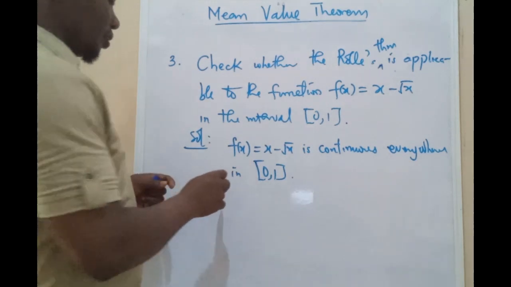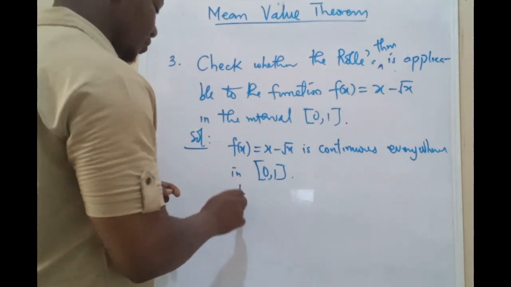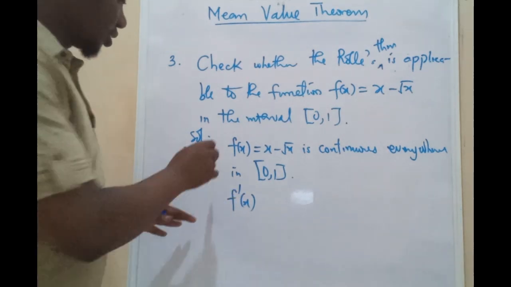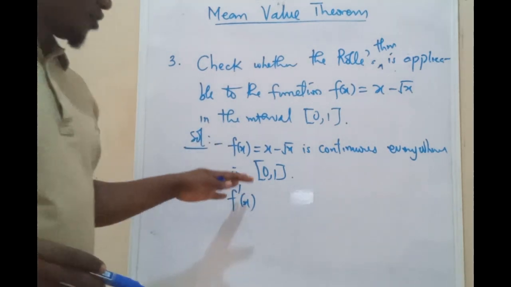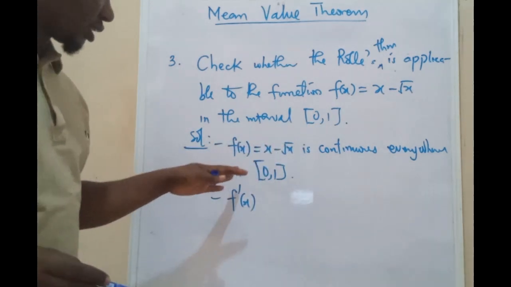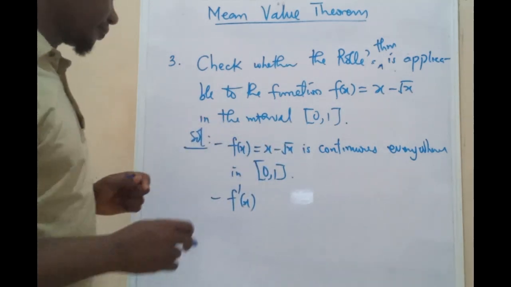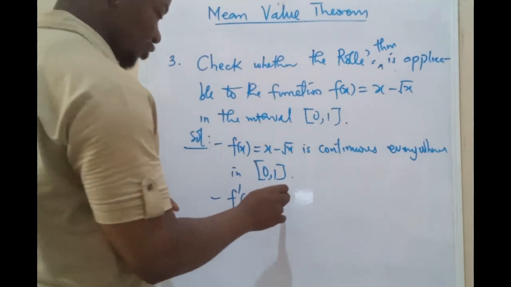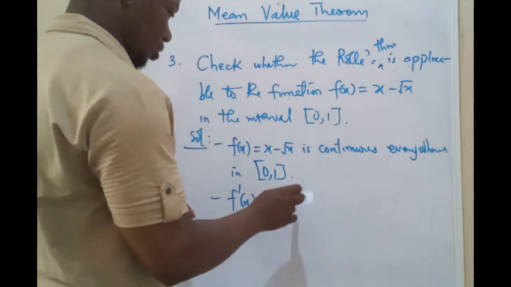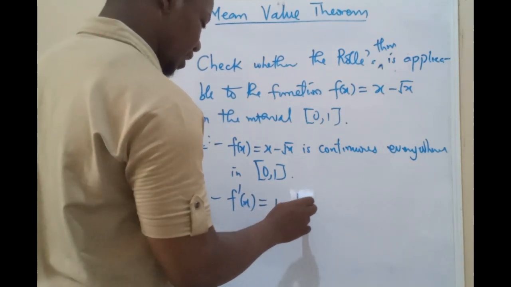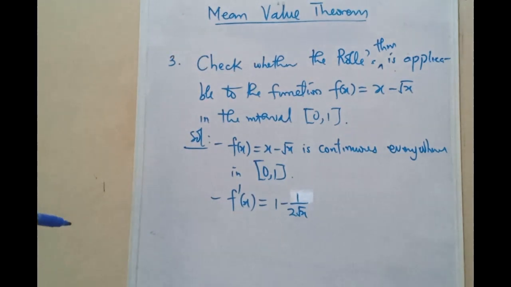However, let's see the second assumption, which says whether f of x is differentiable here. Before we do that, let's differentiate f of x. If we differentiate f of x, this will be 1, and this will be minus 1 over 2 square root of x.